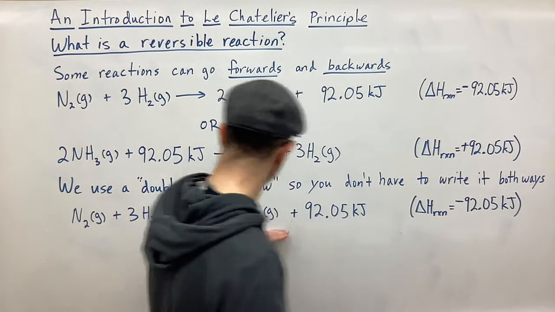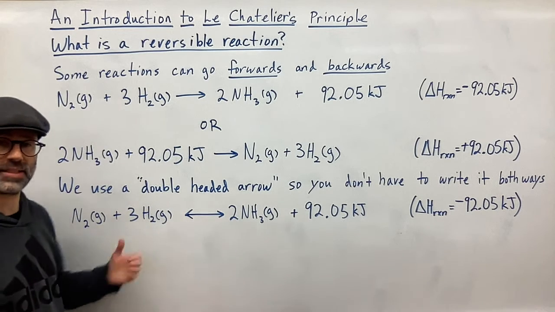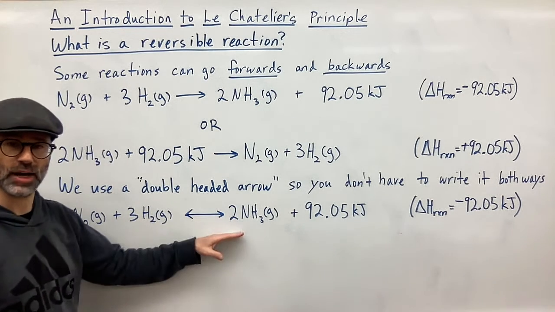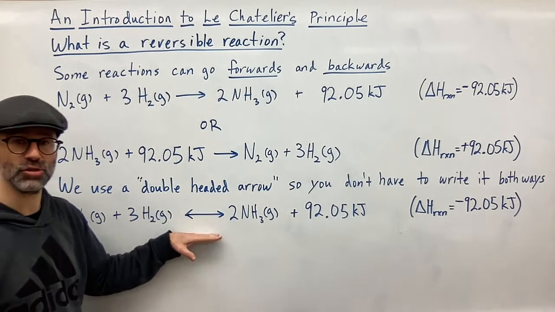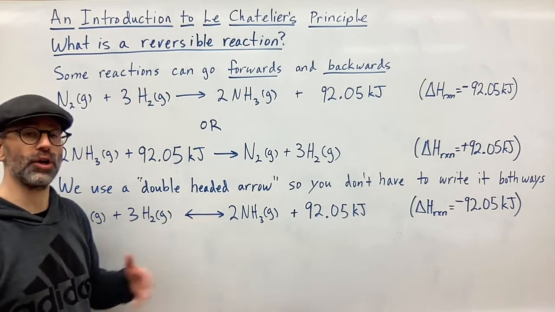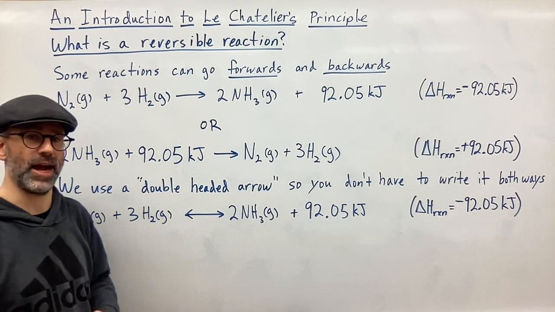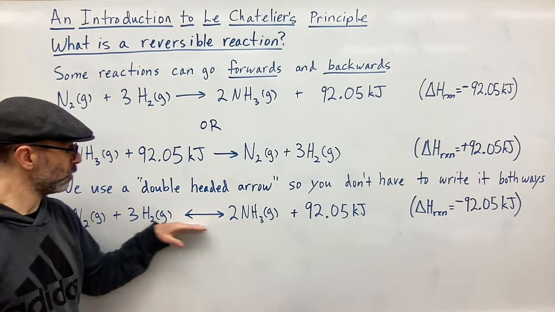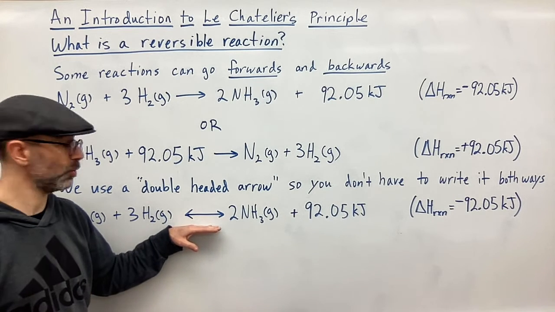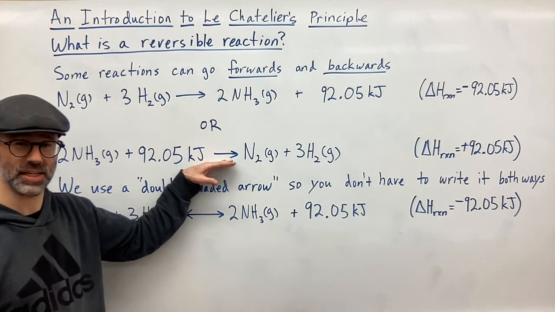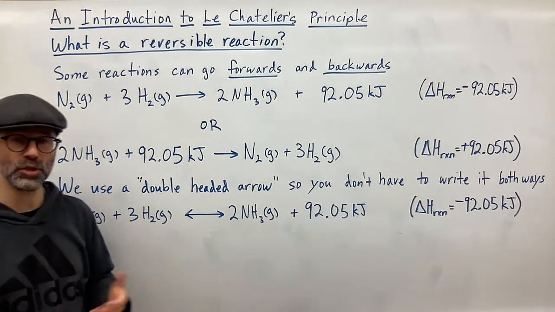So that's your reversible reaction. This is how we symbolize or write your reversible reactions with this double arrow. If it's a single arrow, then that usually means it's not reversible, or you're just looking at one particular direction of your reaction. But typically, we write for your reversible reactions a double arrow, and for your irreversible reactions, we're writing only a single arrow. Okay, so that is it for the reversible reactions.